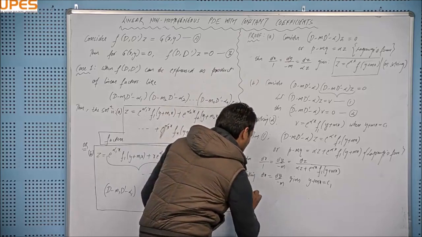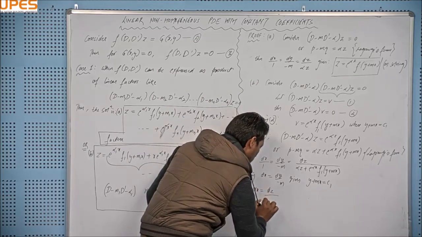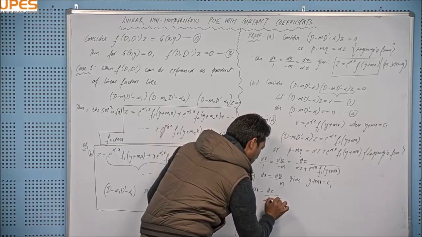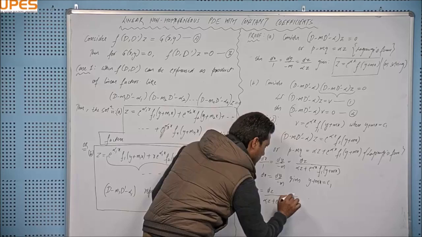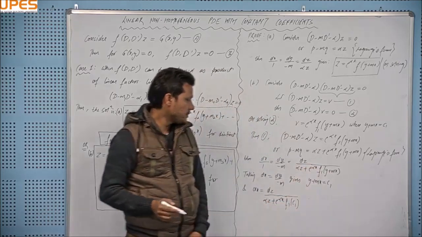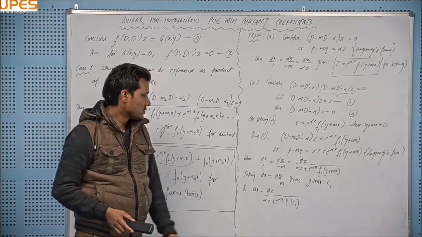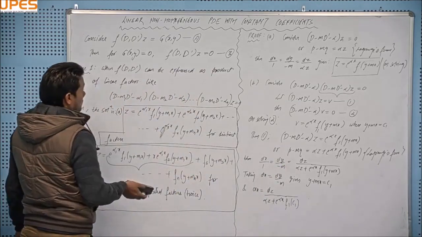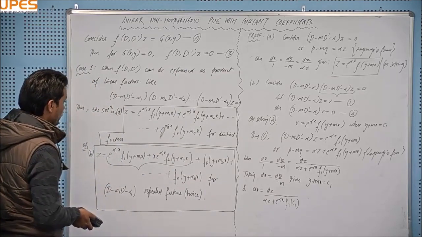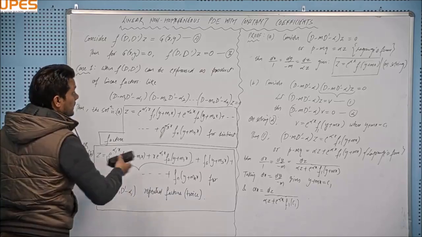And taking the first and third ratio, dx is equal to dz upon alpha z plus e to the power alpha x f1 of c1, right? This y plus mx is replaced by c1. Then I have to solve this equation, and this is obtained from the first and the third ratio, right? I have to erase this now, and remember that we are going to give a proof for this.